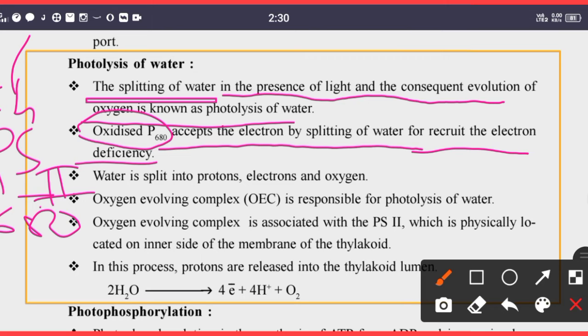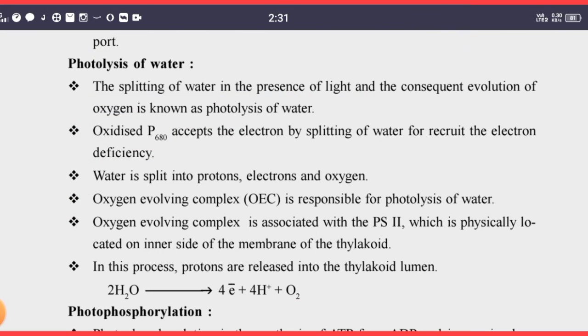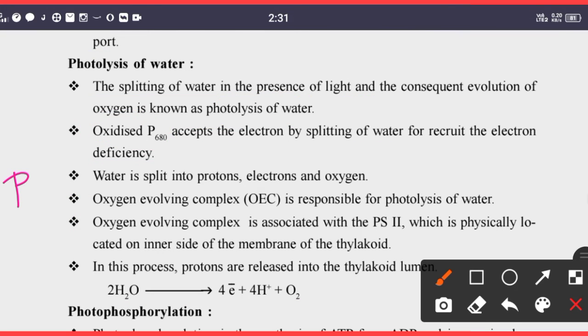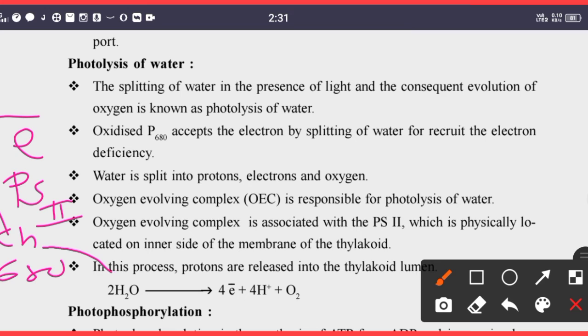This you have to keep in your mind. So here actually what happens: the chlorophyll present in PS2, chlorophyll 680 nanometers, gets oxidized when it is exposed to light. Immediately the electrons are released and go up. So it lost the electron. To regain the lost electron, it breaks the water molecule.